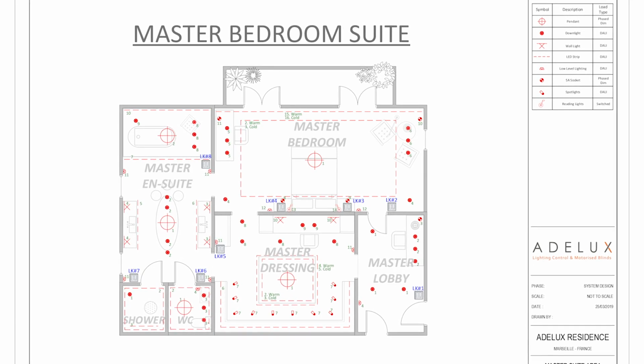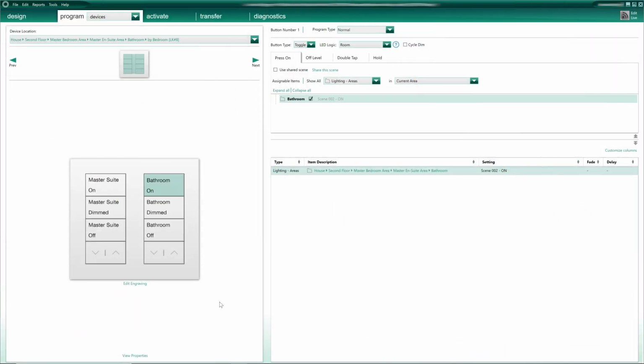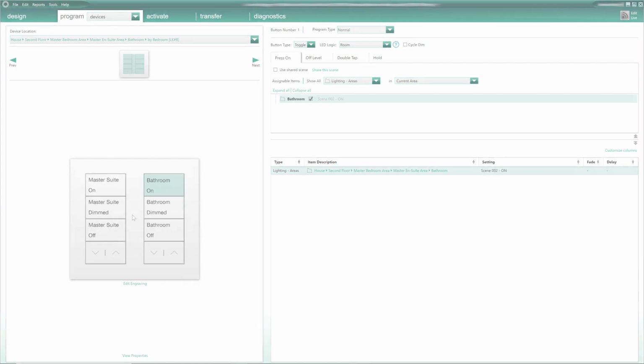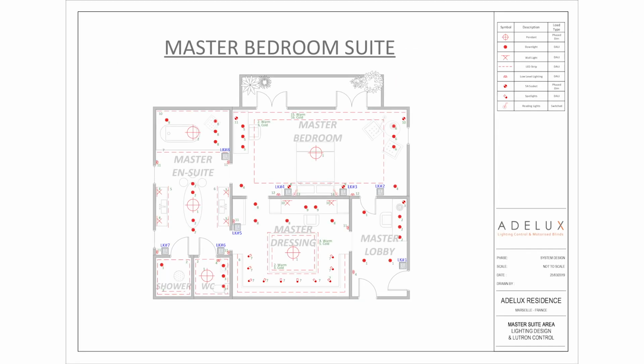So to conclude, the objective here was to organize my Lutron Homeworks QS database to quickly program lighting scenes, some local and some general, on a project that uses a large number of lighting circuits and Lutron keypads. So this is what we've done.